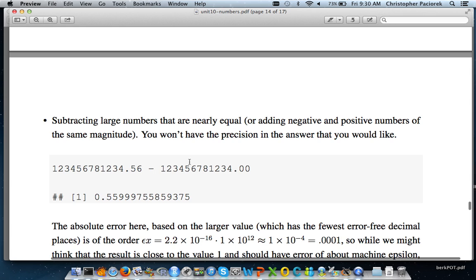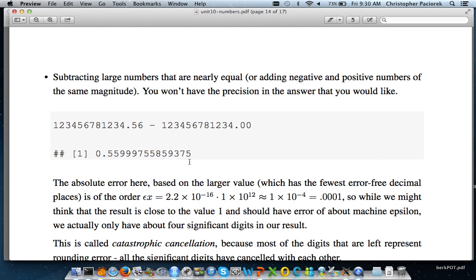The first one I basically have already mentioned: if we have any two numbers that are more or less the same magnitude and we either subtract them or add a negative number and a positive number of similar magnitude, the resulting number is often going to have very little precision, basically because the digits of accuracy cancel out when we do the subtraction, and all we're left with is the garbage at the end, the imprecise representation that doesn't mean anything.